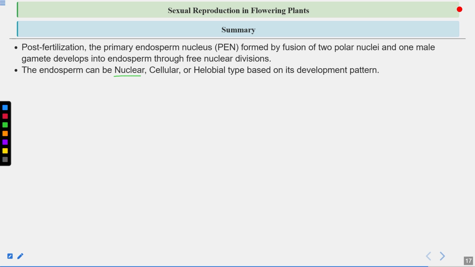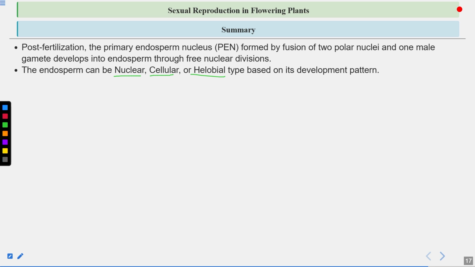Cellular type: the nuclear division and the cellular division occur simultaneously, so that is why it is called cellular endosperm. Helobial type is a very different one. In this type of endosperm, some part is nuclear type and some part is cellular type, right?